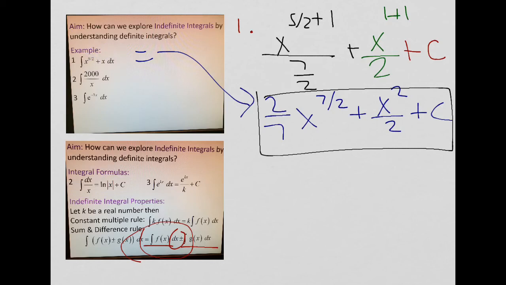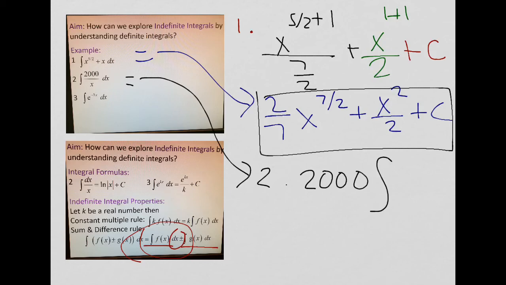For number 2, we have 2,000 in our numerator, and we have x in our denominator. Just to point out, I can take the 2,000 out in front of the integral. That way, everyone can see that this is the second rule that I was showing you before, because this is the same as dx over x.